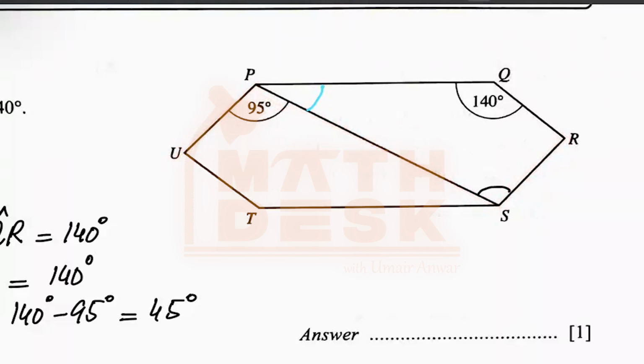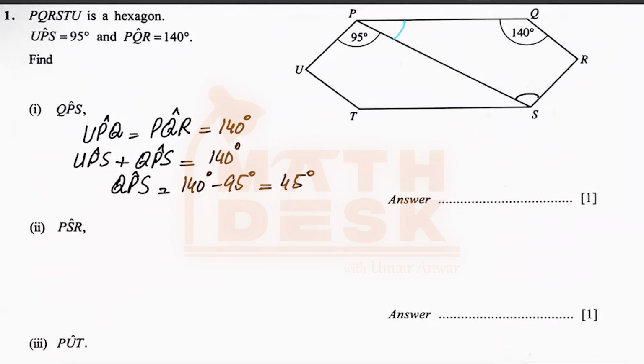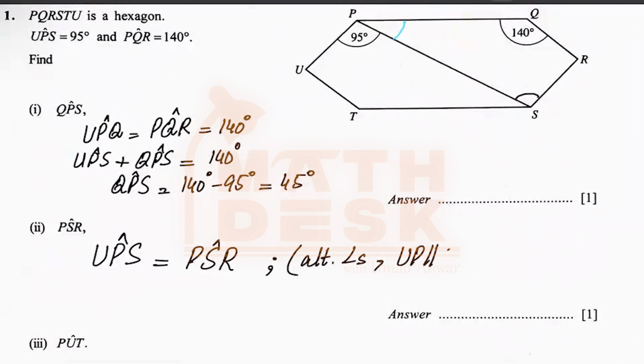So I'm writing angle UPS is equal to angle PSR, and the argument for this is these are alternate angles, and UP is parallel to SR. So the angle PSR would be equal to 95 degrees in this part.